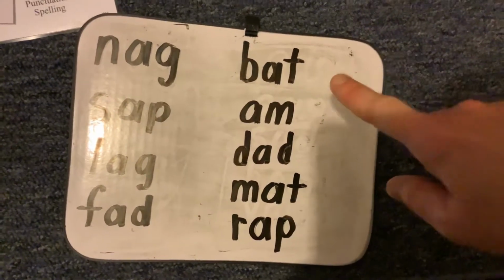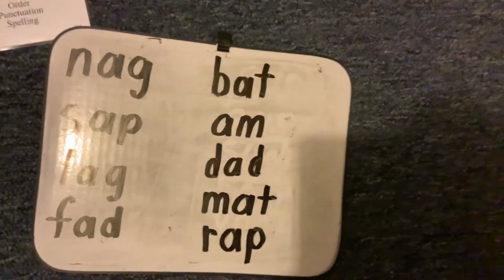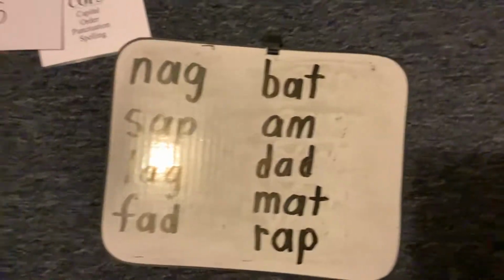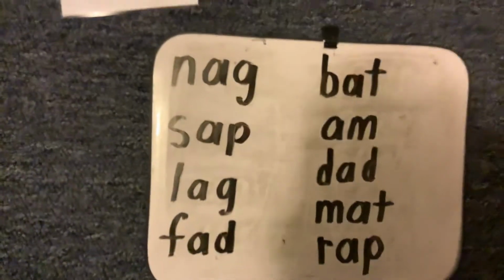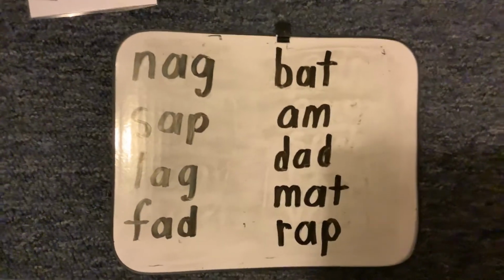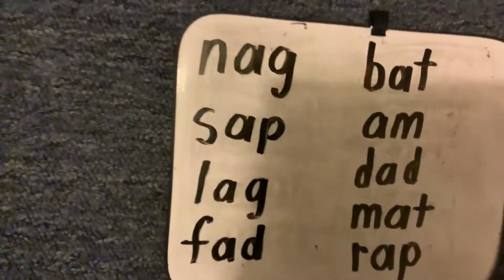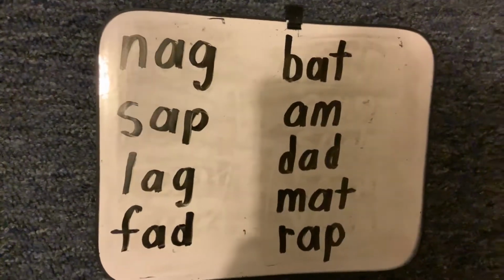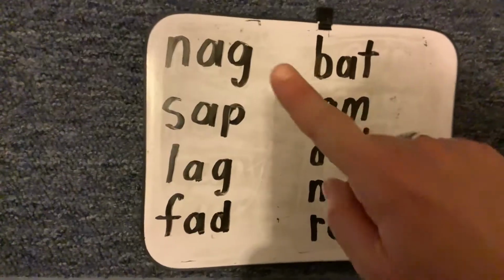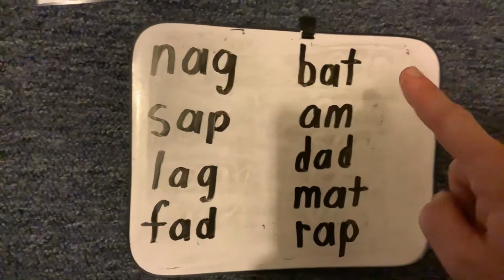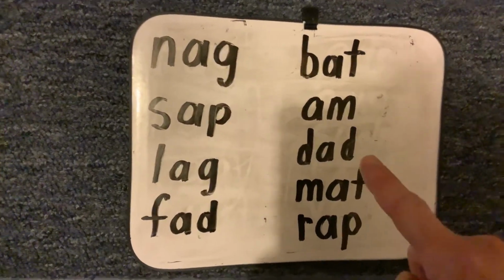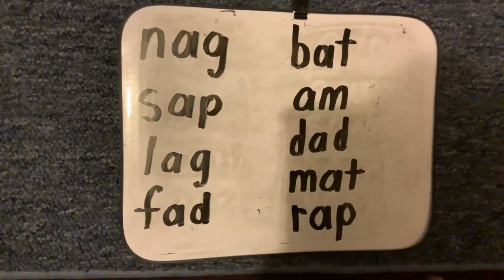And a bat can be what you hit a ball with, or it can be that animal that comes out at night. Let's read these one more time. If you like being a first grader, let me hear you real loud. Nag, sap, lag, fad, bat, am, dad, mat, rap.